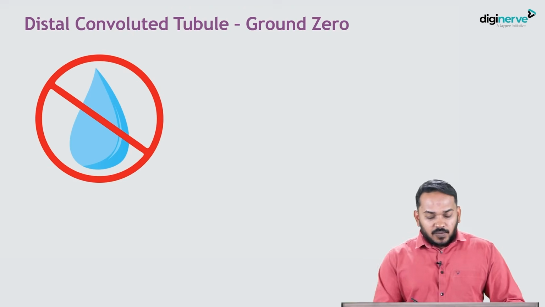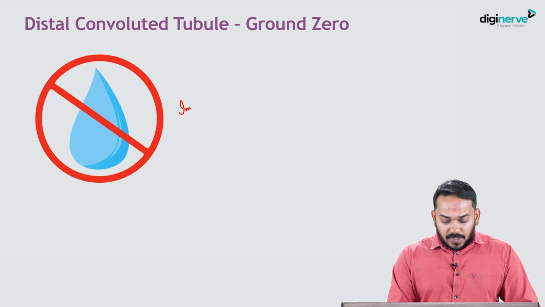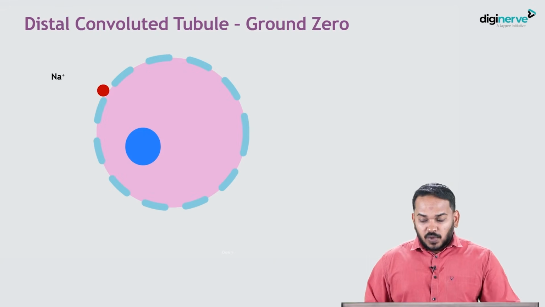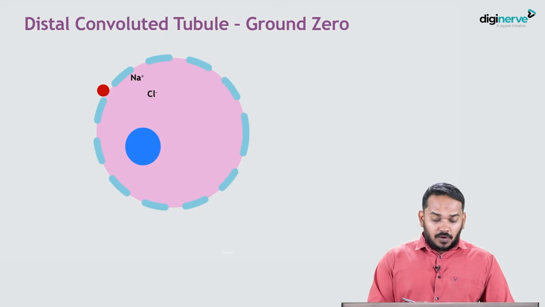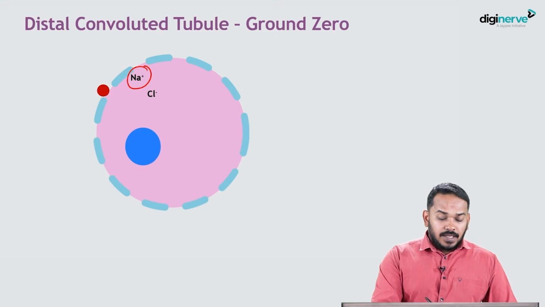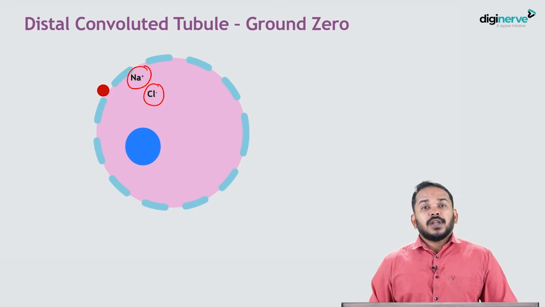Now we will see what happens in the distal convoluted tubule. Distal convoluted tubule is impermeable to water. The distal convoluted tubule contains transporters which will transport sodium and chloride in the same direction into the distal convoluted tubular cells.